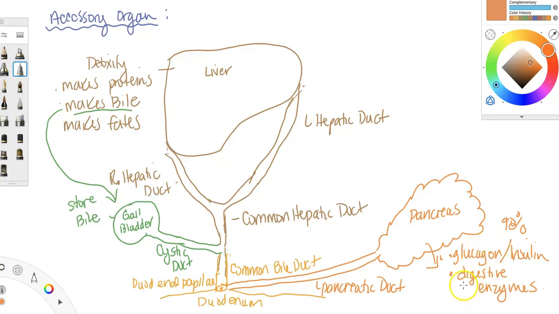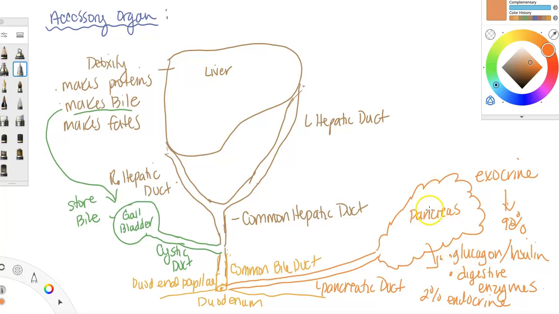The rest of it, the other 95 to 98%, is exocrine, right? So this much is exocrine, and 2% we'll say is endocrine. Maybe 95 and 5%, I don't know, whatever.